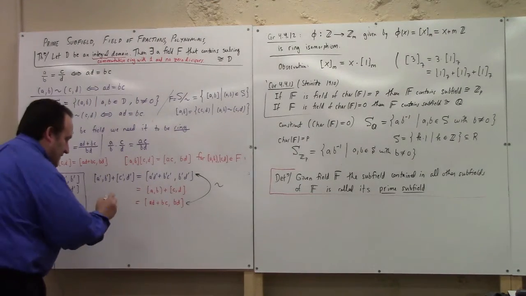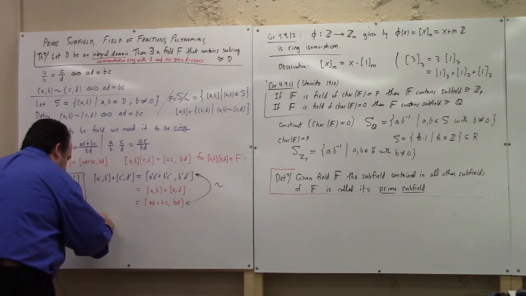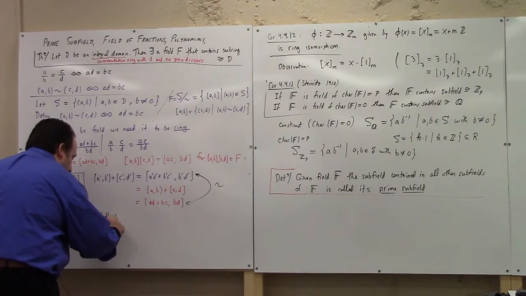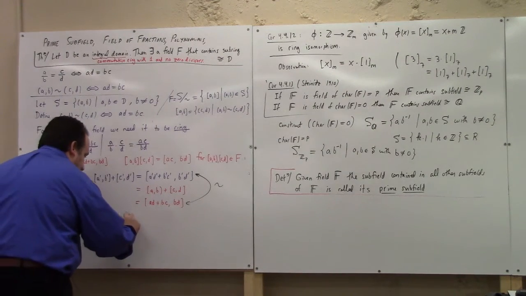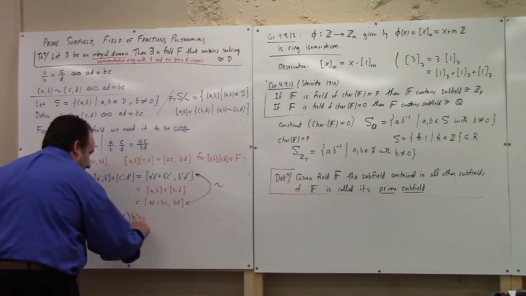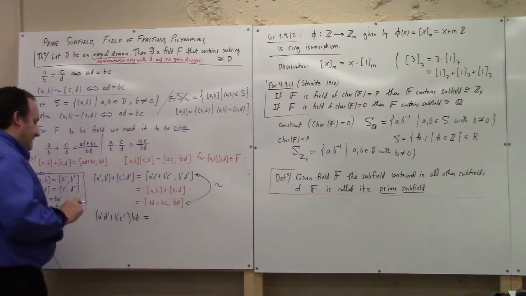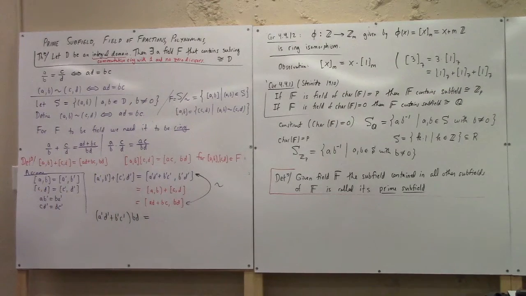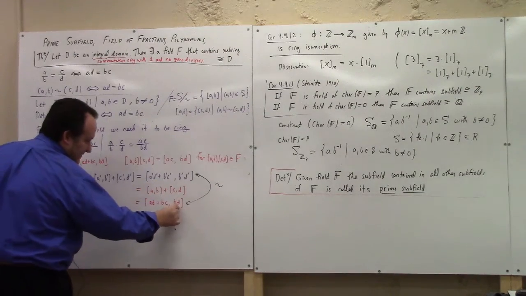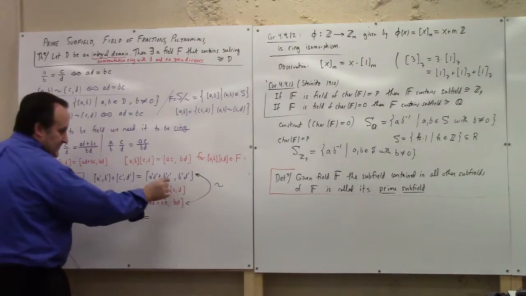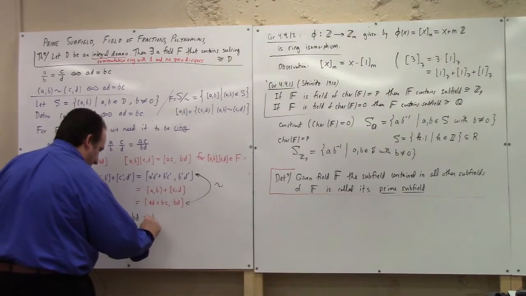What does it take to show those are equivalent? It suffices to show that A prime D prime plus B prime C prime times BD is equal to what? See, that's this times that. It's supposed to be equal to that times this, right?